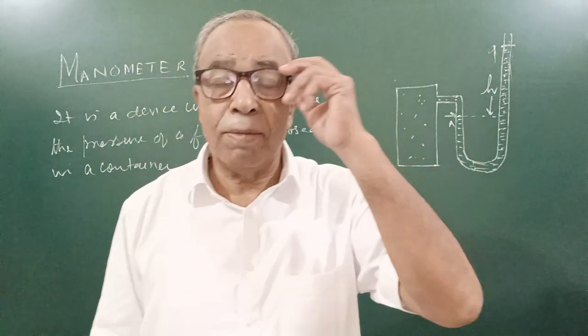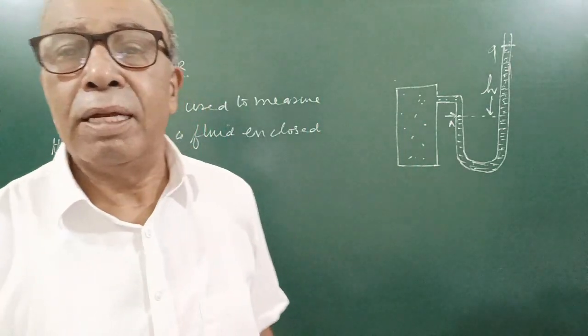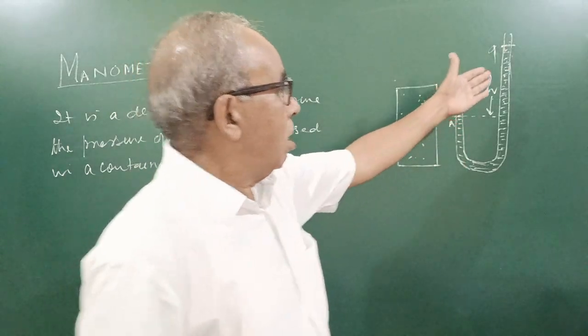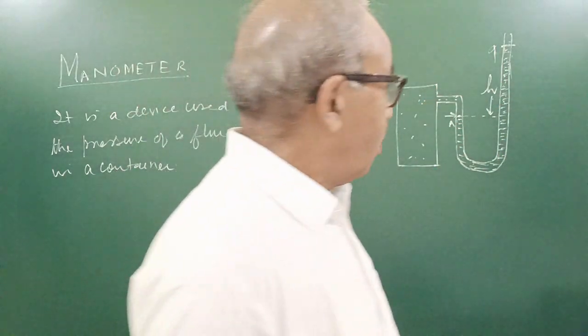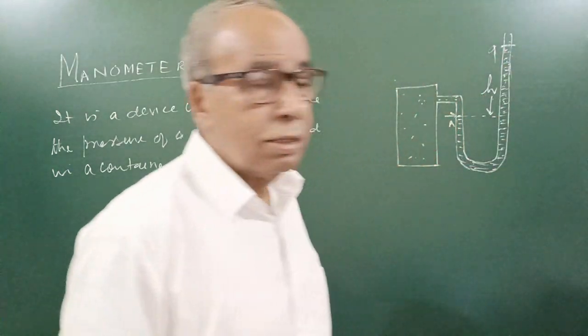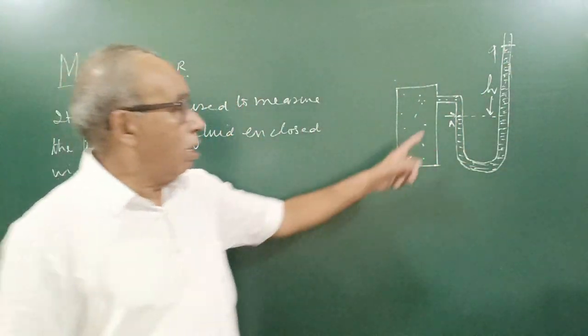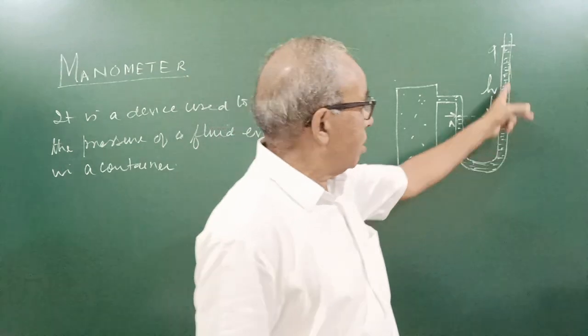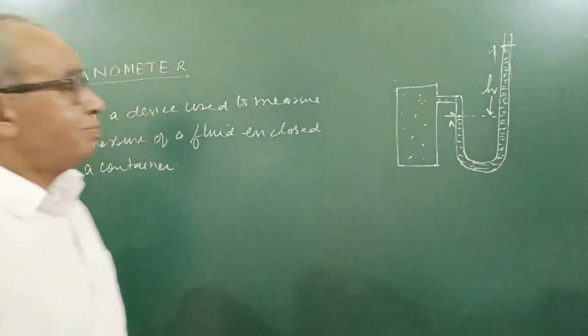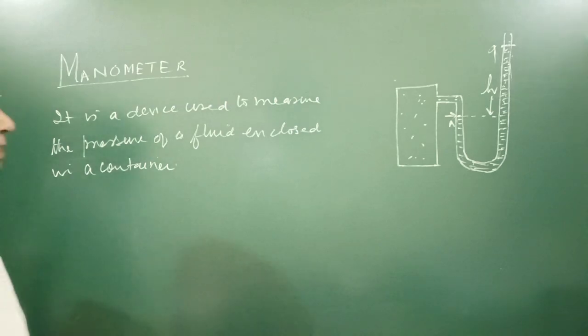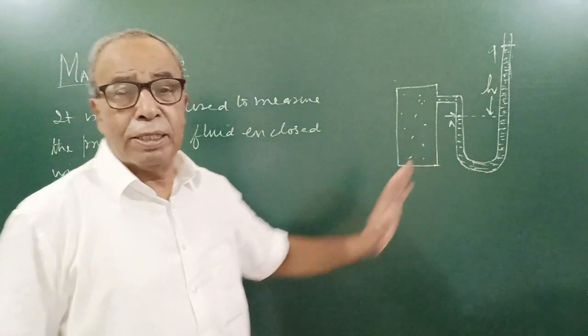But when pressure measured is high, then we use liquid of high density. Liquid of high density is used to measure high pressure, and liquid of low density is used in the U-tube to measure low pressure. So simply, manometer is a U-tube.